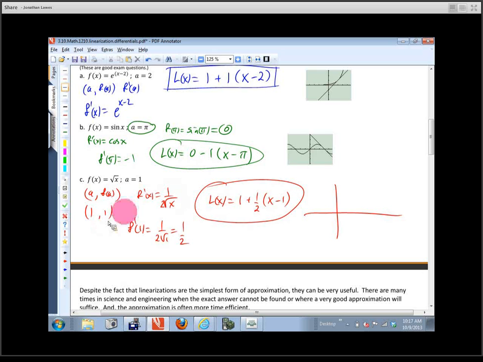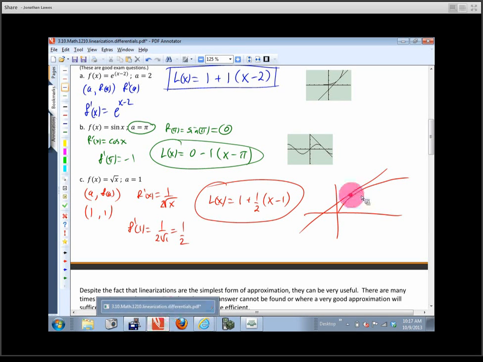Y coordinate 1, slope is 1/2, x minus the x coordinate. So if we were to graph this, it's going to go through the point 1, 1, and it should look like that. We'll make that nice and fat so it's tangent. If you throw that in your calculator, that's what it's going to look like.